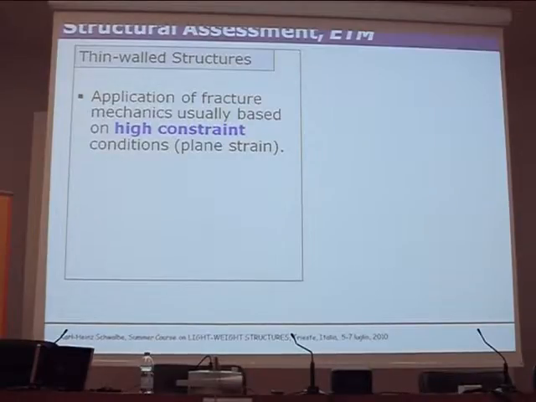Whenever you look into the standards, be it an ASTM or a European or Chinese or Japanese standard, they all deal with thick-walled specimens with a square ligament where they have high constraint, because fracture mechanics was created for relatively brittle, high strength materials for aerospace applications, where in some instances you have thick walls. Thick is not the absolute thickness. When we talk about a maraging steel, 10 millimeters are already thick, because here we do already have plane strain and thickness.